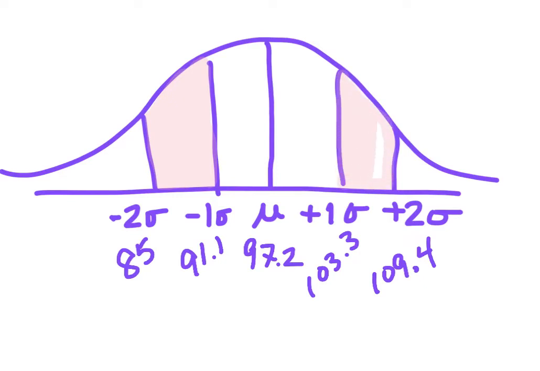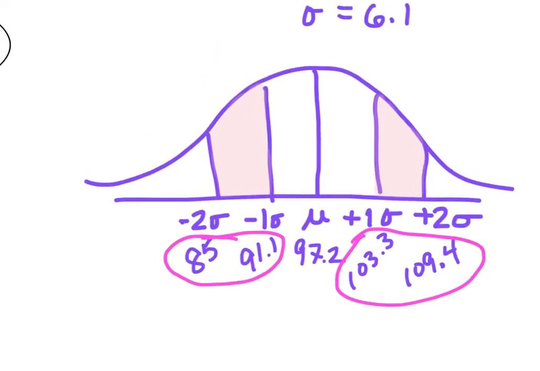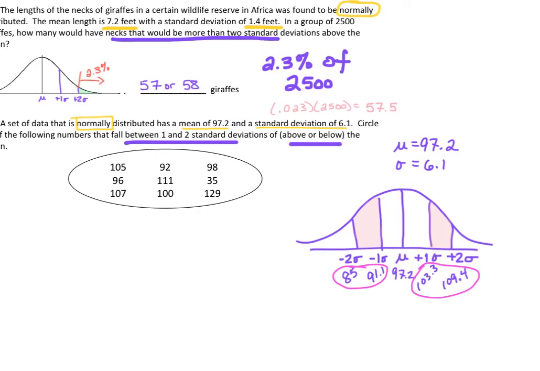And so you're basically looking for numbers that fall between 85 and 91 and 103 and 109 with those decimals. Sorry, I didn't want to confuse you. And so 105 falls in that range, so I'm going to circle 105.